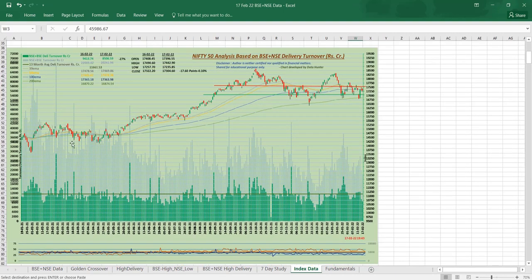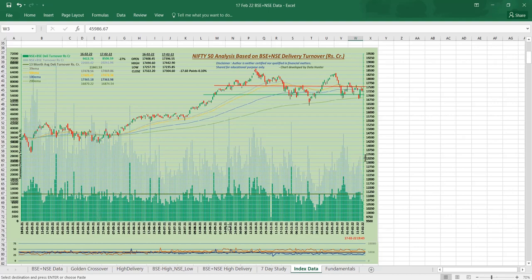This is a candlestick chart of Nifty 50 for the last 13 months. The 39 EMA, 50 EMA, 100 EMA and 200 EMA are also plotted in this chart. Then here is the delivery turnover, how much the turnover or delivery turnover is, in cash. And this is the Nifty 50 points.